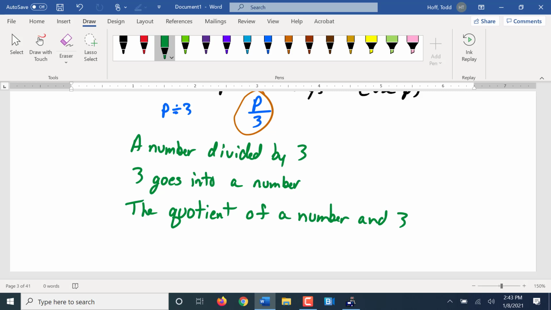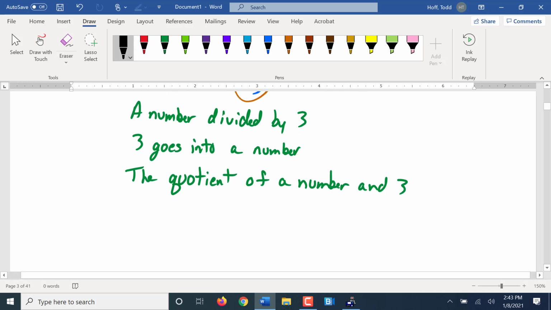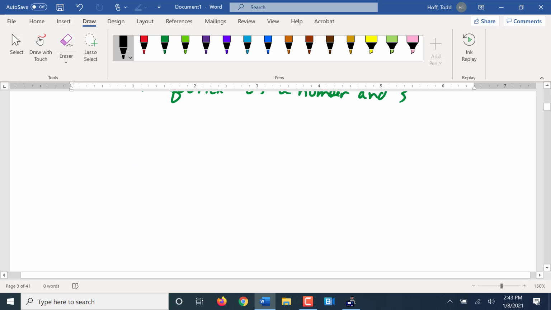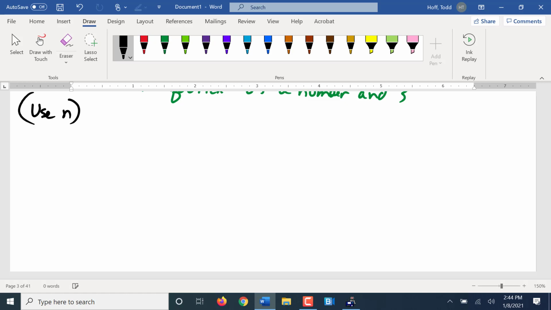So we have all these different phrases that indicate different operations. So in your notes, I'm going to give you a few examples here. I'm just going to have you quickly jot down what mathematical symbols they use. I'm going to have you use N for all of these for the missing numbers. So we'll start out, the first one is a number reduced by 12.